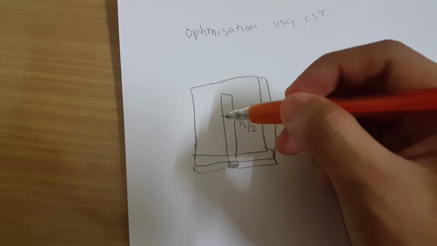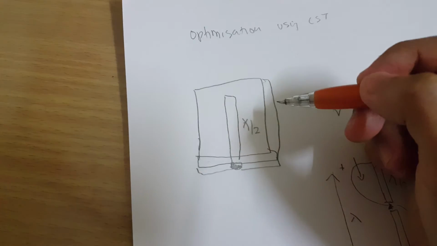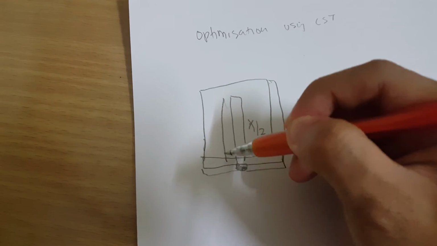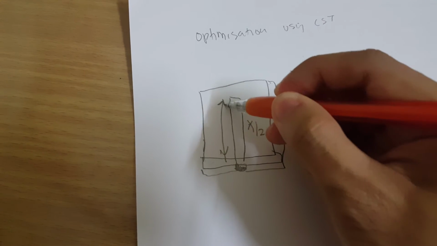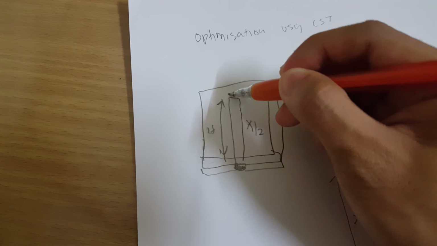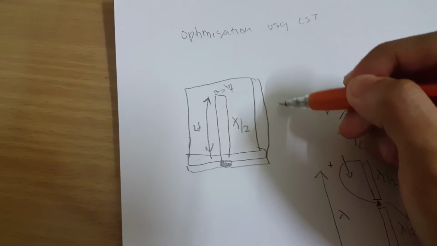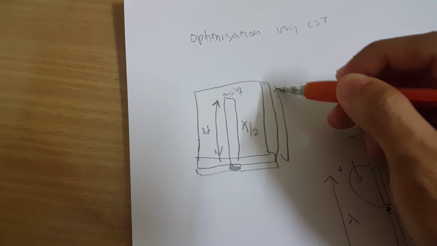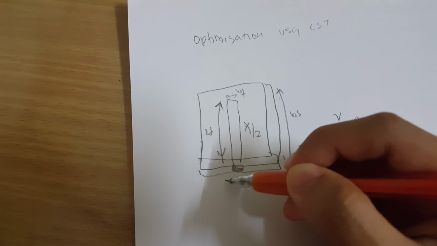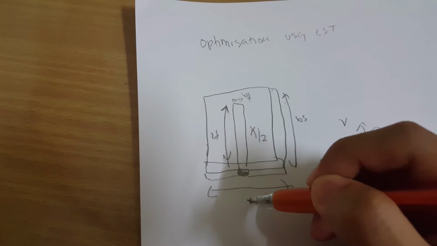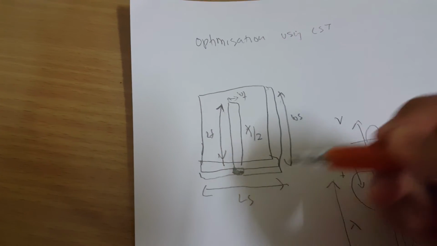So when we assign in CST, we need to assign in terms of parameters. Let's say you put this as LF, and this as WF, and this is the width of the substrate, WS, and this is the length of the substrate.